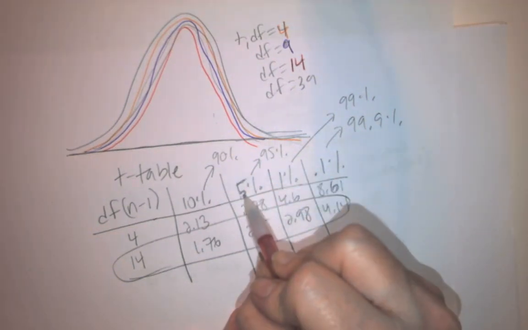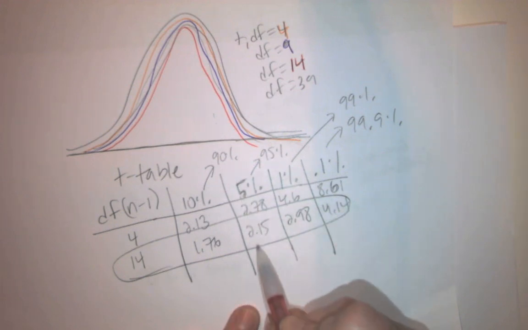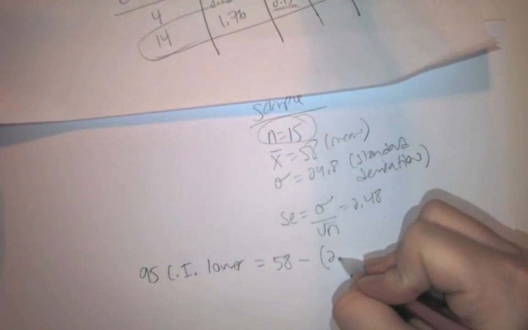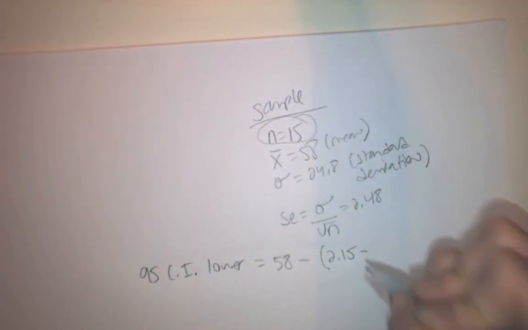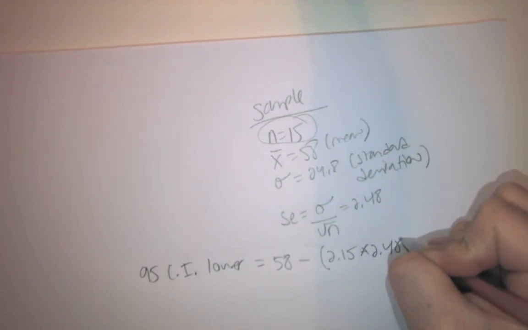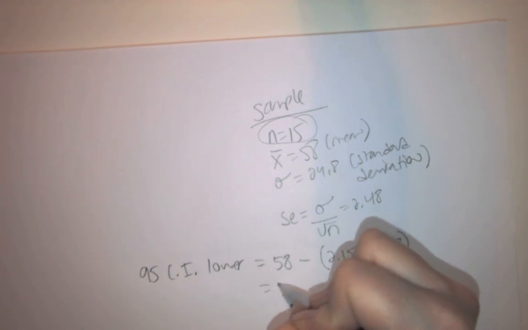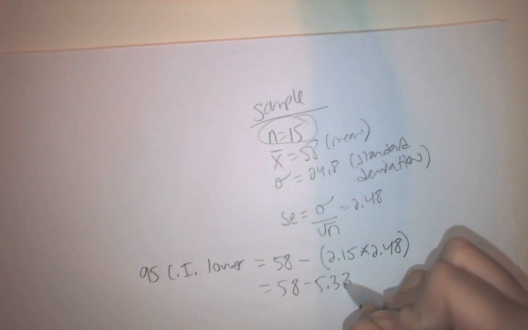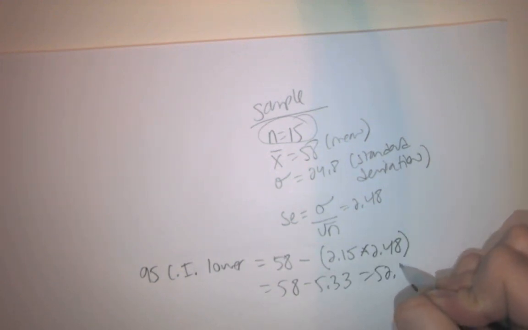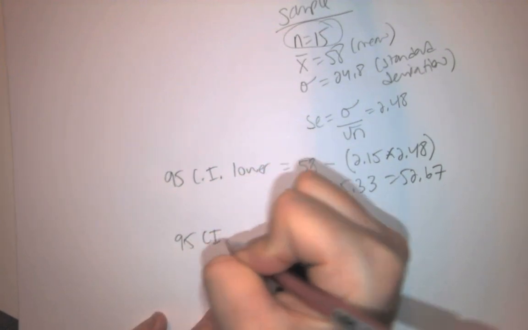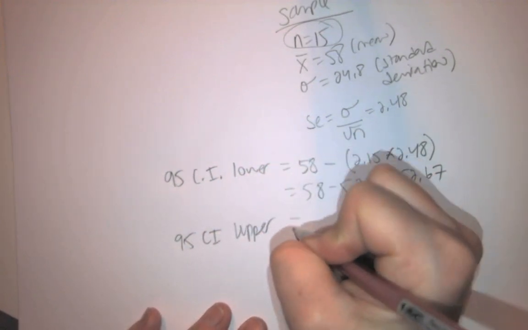So I look at the 5% column, again, for my 95% confidence, and I get a critical value of 2.15. So I'm going to use 2.15 times my standard error of 2.48, which equals 58 minus 5.33 equals 52.67.